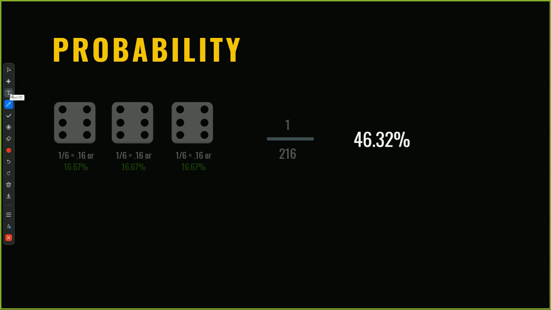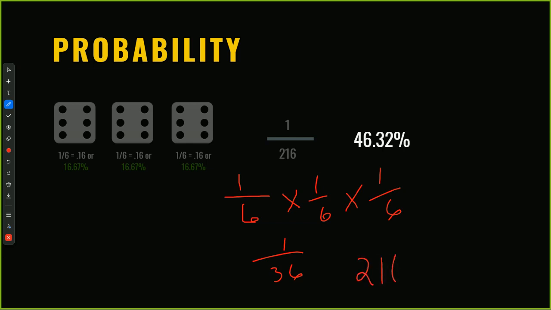As a probability, I have 1 out of 6 times 1 out of 6 times 1 out of 6. 1 out of 36, 36 times 6, 216 over 1.